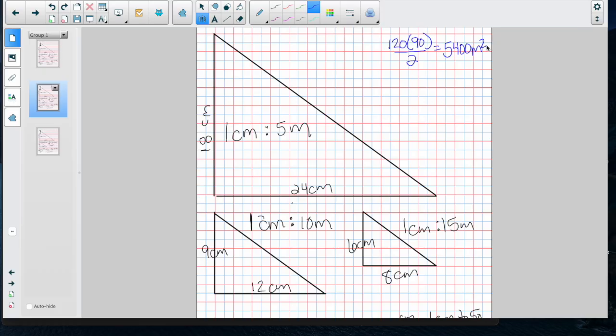So I'm going to go through and find the area of each of these triangles that we drew. Our large one has an area of 216 square centimeters. This one has an area of 54 square centimeters. This one has an area of 24 square centimeters.